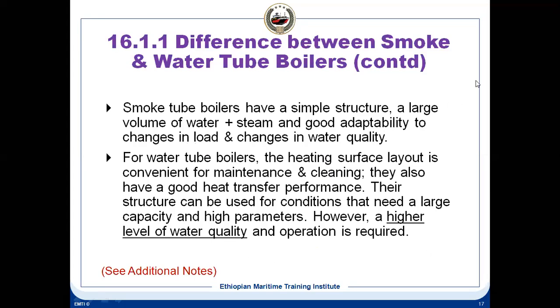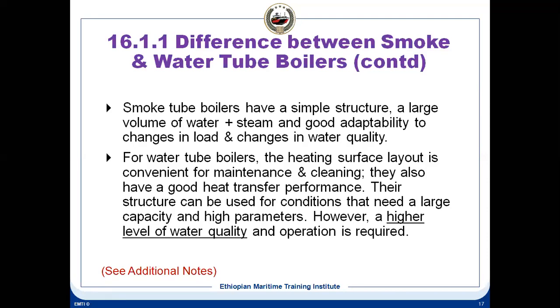Whereas for water tube boilers, the heating surface layout is convenient for maintenance and cleaning. It is much easier to maintain and clean. Since the surface area is larger, that is, we have a large number of small water tubes around the furnace, they basically have a good heat transfer performance.